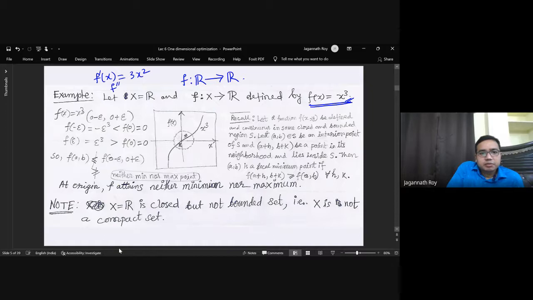How about the second derivative? The second derivative will be 6x. Now f of 0 will be 0. It is neither greater than 0 nor less than 0, so we cannot conclude anything.